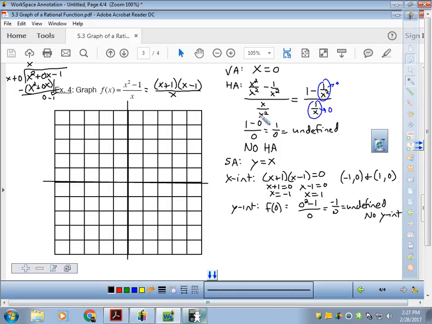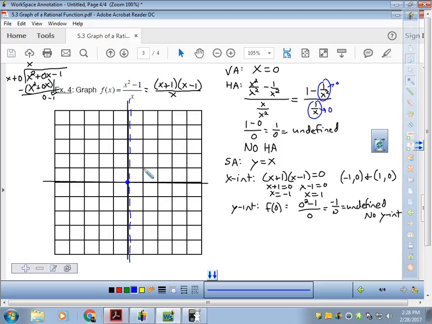Alright, so now we've found all our stuff. Let's plot it. Vertical asymptote is at x equals 0. So it's going to be right here along the y-axis. I don't have a horizontal asymptote, but I do have a slant. My slant is y equals x. That's a line that has a slope of 1 and a y-intercept of 0.